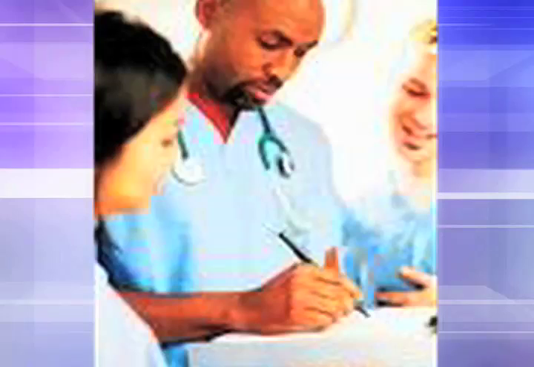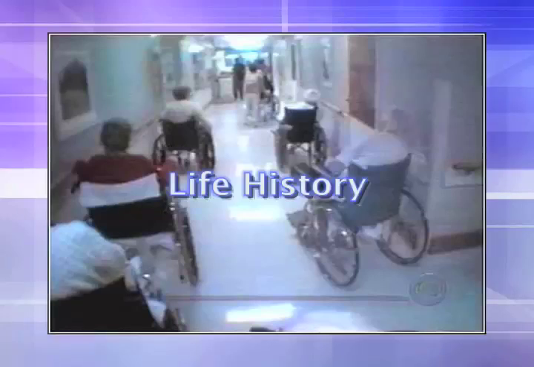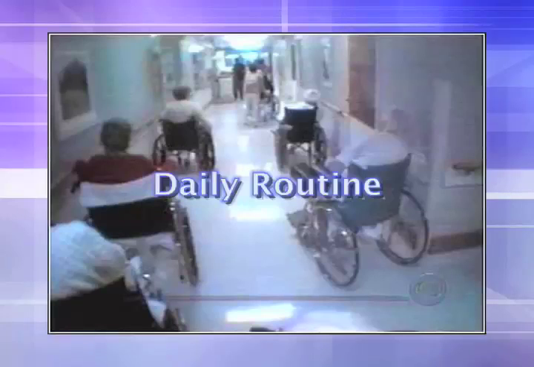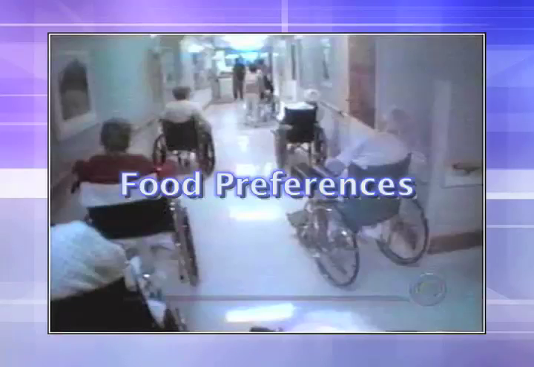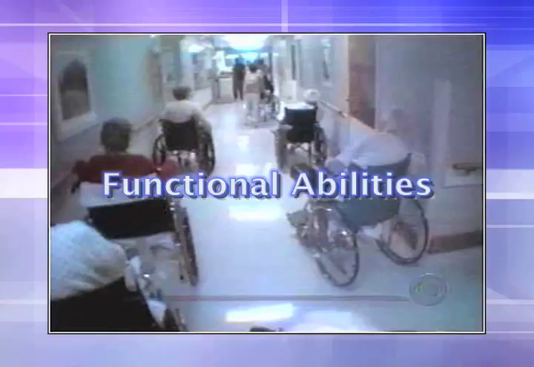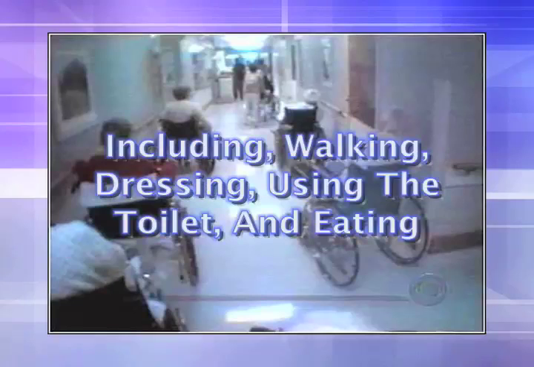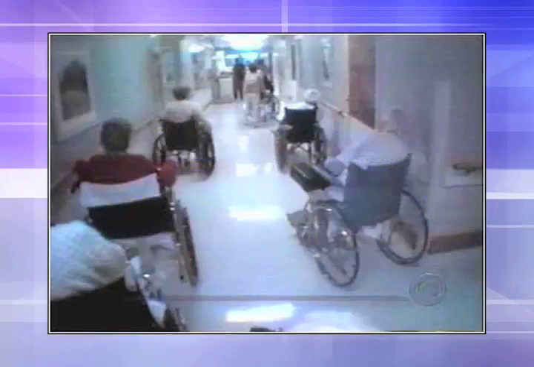A partial list follows: life history, daily routine, strengths, interests, food preferences, and other personal information. Functional abilities, including walking, dressing, using the toilet, and eating.